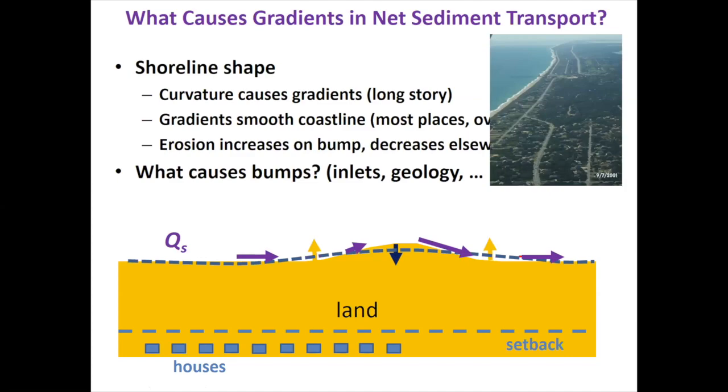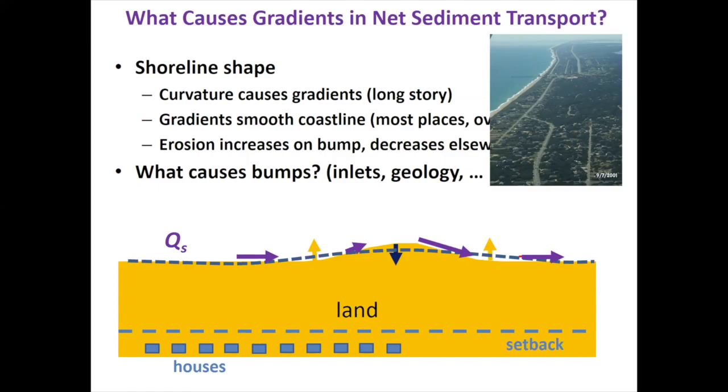Okay, then the next level of question is, what causes these curvatures in the shoreline, in the coastline? And there are a bunch of answers to this. I won't go into the details of any of them, but the opening and closing of tidal inlets and associated sediment sinks and sediment sources cause curvatures in the coastline to develop.